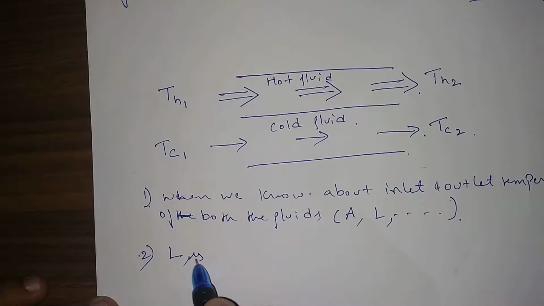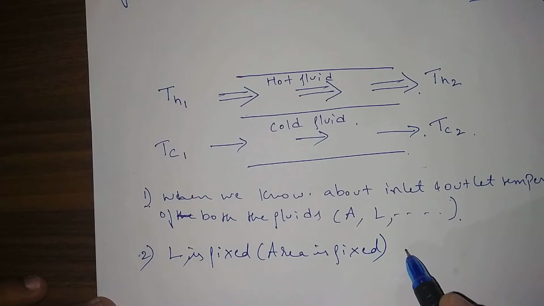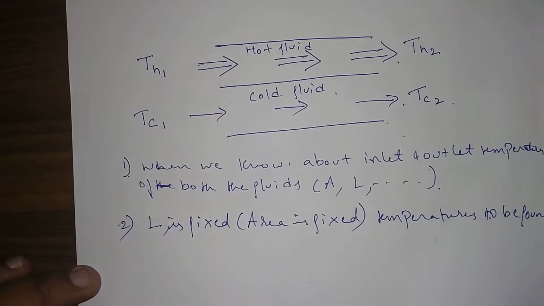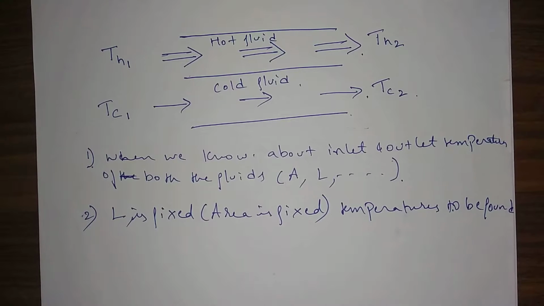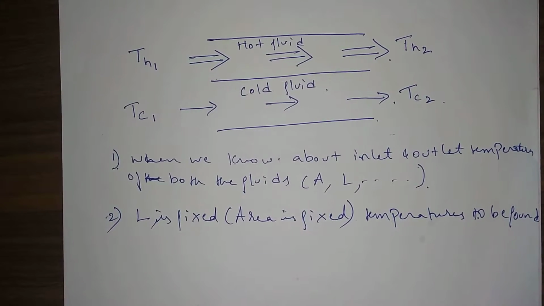So L is fixed or area is fixed, and for that you are supposed to find out what are the temperatures that can be obtained, temperatures to be found. So basically these are the two situations we can come across when we are going for the design of heat exchangers.